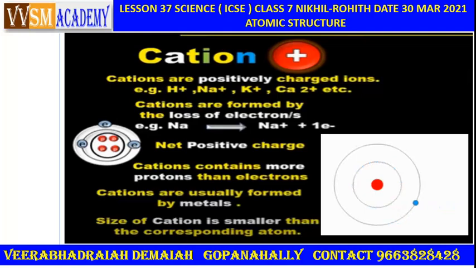Metals will have their own metallic ions, which are cations. Size of the cation is smaller than the corresponding atom because it loses electron. The size of the atom depends upon the number of electrons and the number of principal orbitals. Therefore, when it loses the valence electron it reduces by one orbital, and hence its size becomes lesser.